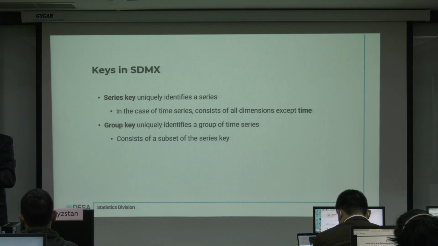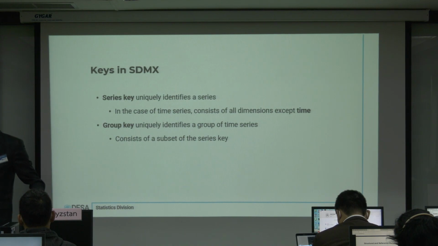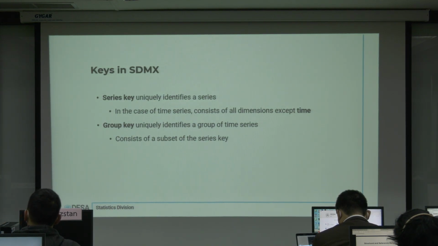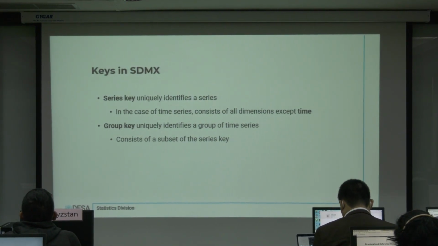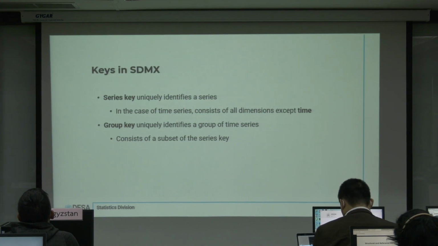You cannot use that key to find your seat, because you don't know your seat number. But you can use that key to find all the seats in that row. So you remove the seat number from your key, and that gives you an identifier for all seats in the row.